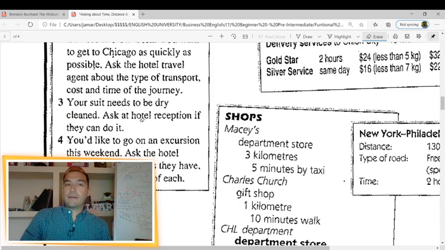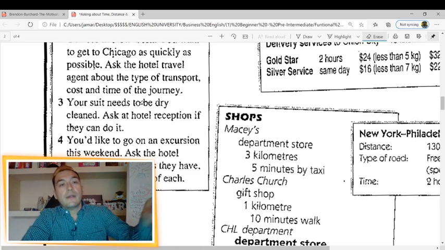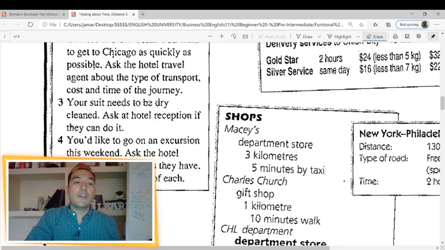All right, let's go to number 3. What is the problem, the situation here? Your suit needs to be dry cleaned. Ask at the hotel reception if they can do it. Okay. So what do you think is the question?